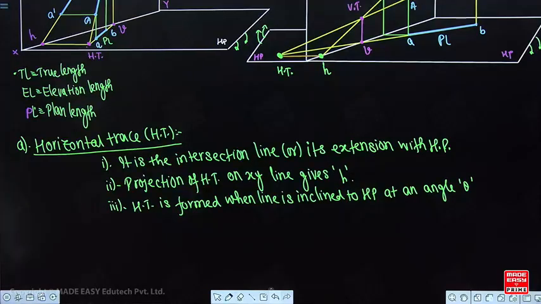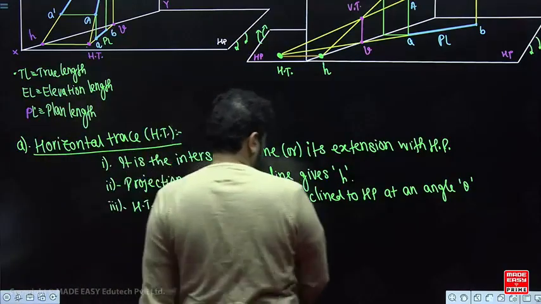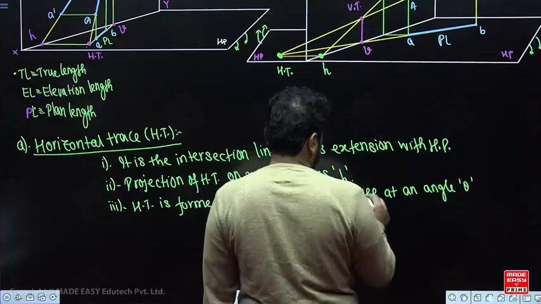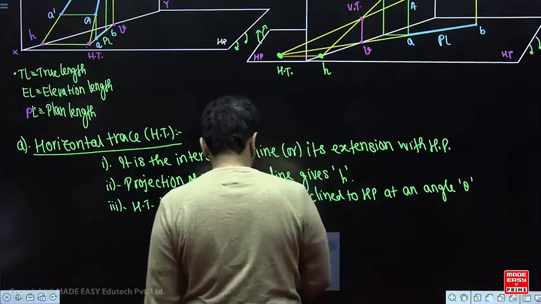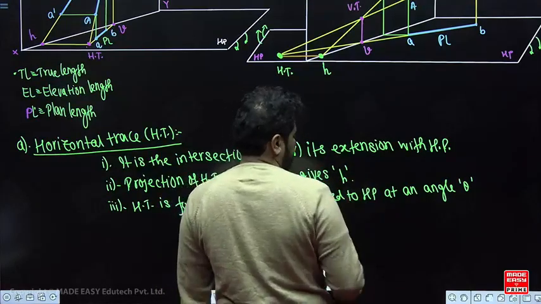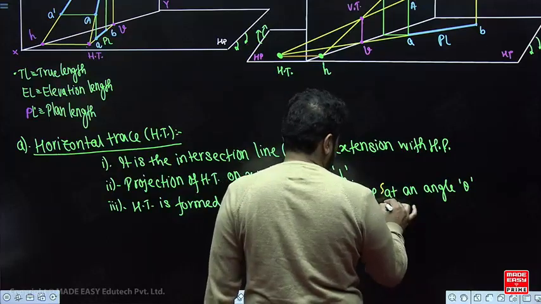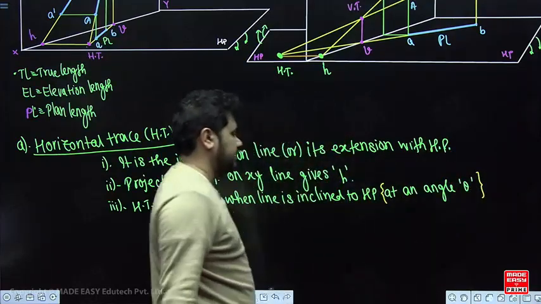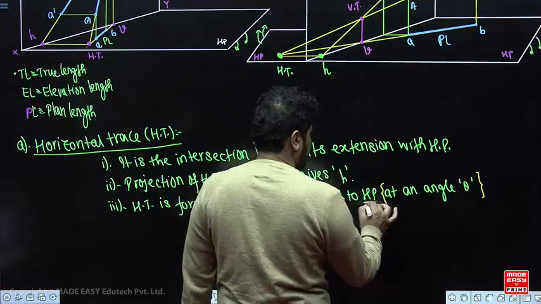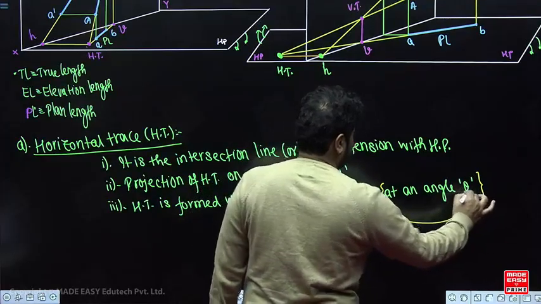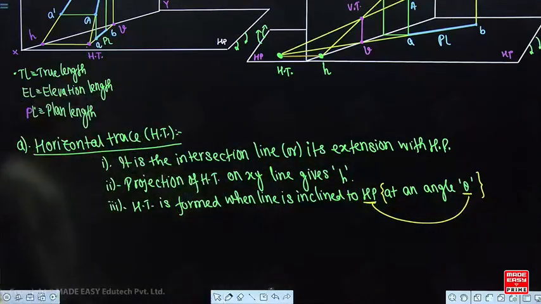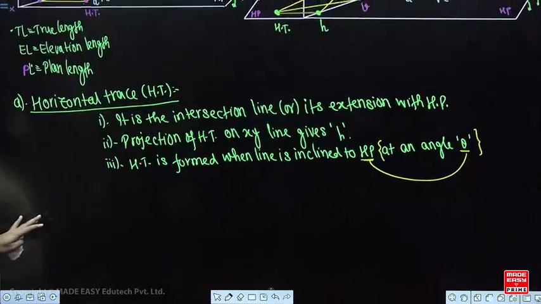So the horizontal trace is formed when the line is inclined to HP. Whenever it is said that a line is inclined to HP, it is always denoted by the angle theta. That means whenever a line is inclined to HP, it will be denoted by angle theta, right. So whenever you see that a line or plane is inclined to HP, it is talking about the theta angle, correct. So HT is formed when the line is inclined to HP.